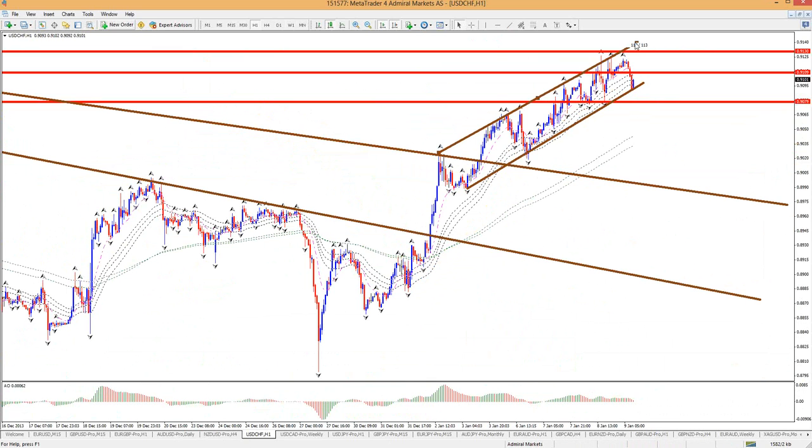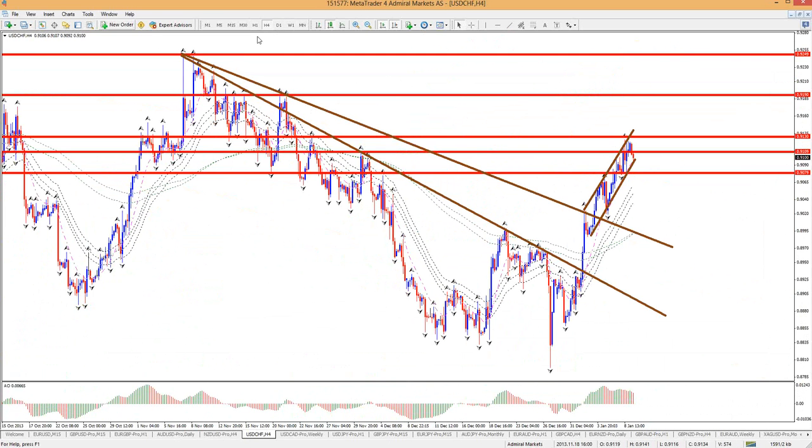It is in a channel like this, but obviously has problems with the resistance. So let's see if we can break through that. If it does, maybe there's a continuation up to these resistances.